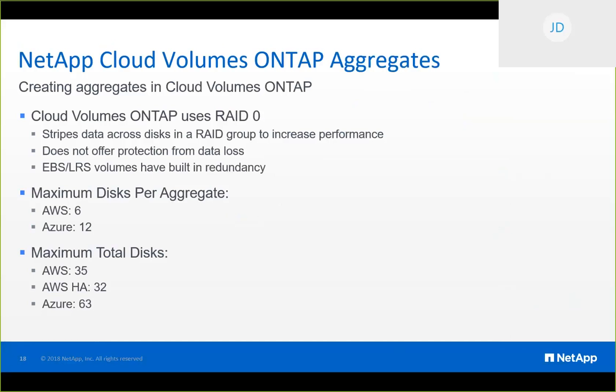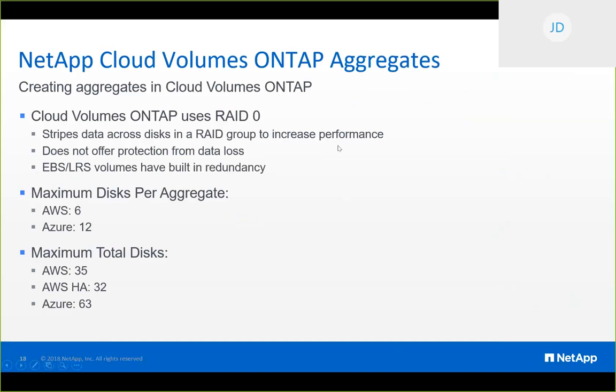And this is okay, the fact that it doesn't offer protection from data loss, because EBS and LRS volumes have built-in redundancy. So LRS actually stands for locally redundant storage. There's multiple copies being spread around the region where it sits. EBS is also replicated by AWS.